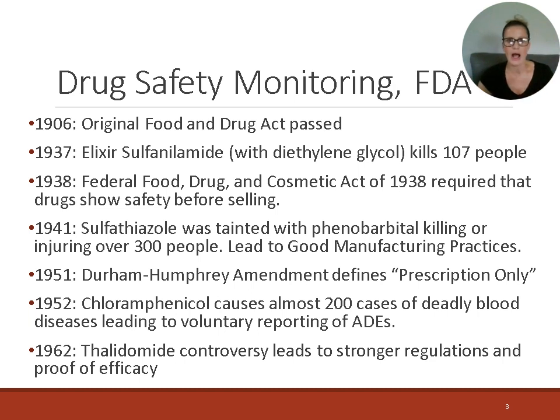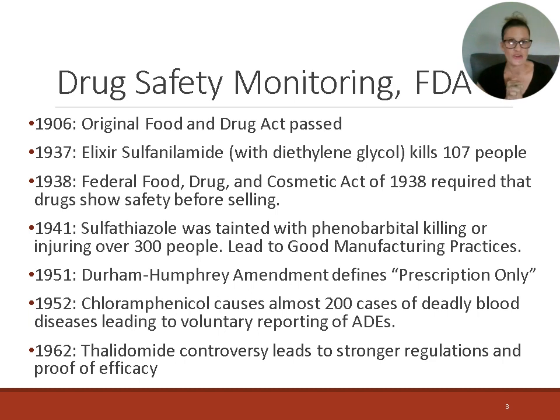That's it. It did not require any proof of safety. It did not require that things had proved to be effective. You just had to be honest about what is inside the thing you're selling.